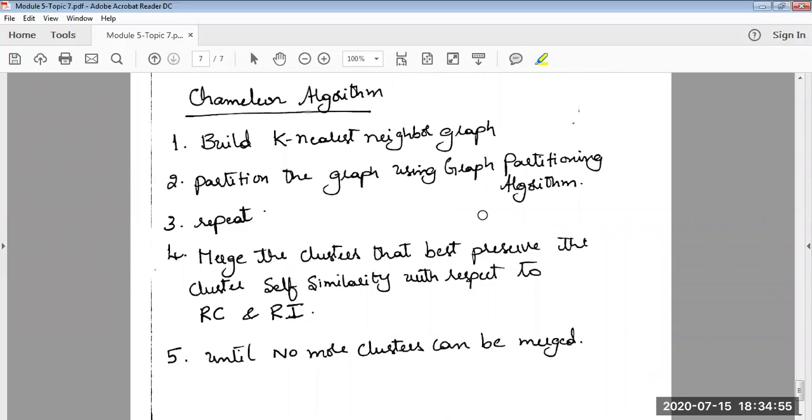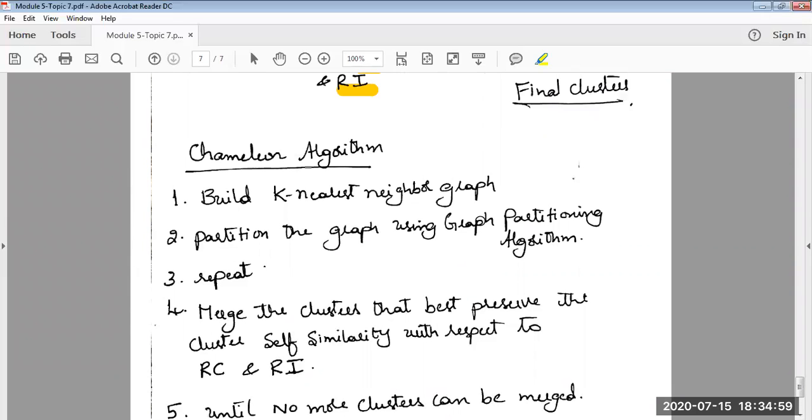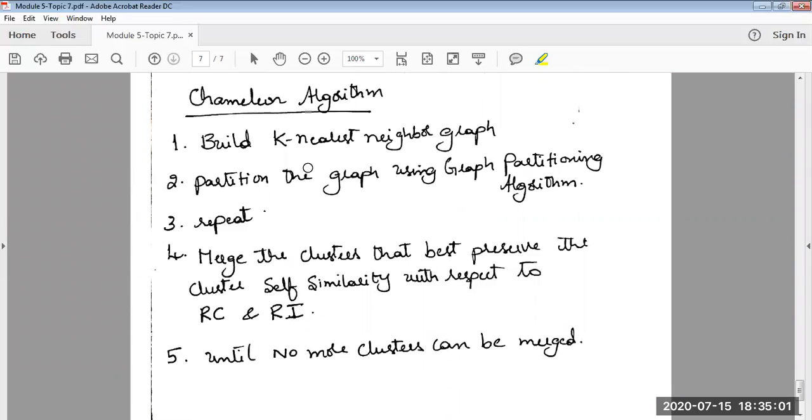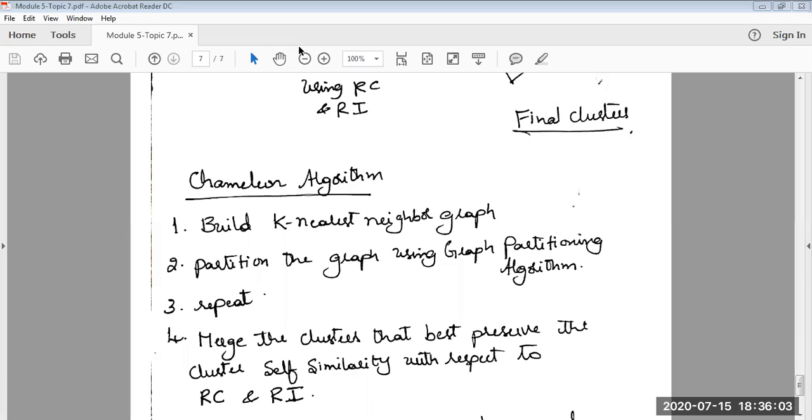So this is the algorithm, the last one. Whatever discussions were done up to this point of time have been summarized in the algorithm. As you can see, the Chameleon algorithm is working in 5 steps. First, build a k-nearest neighbor graph, that is, we are building a lightweight graph. So the Chameleon algorithm will start with a dense graph.